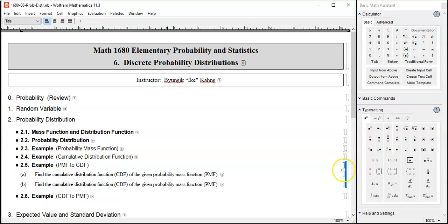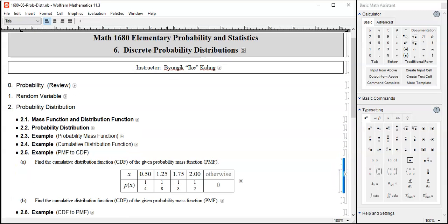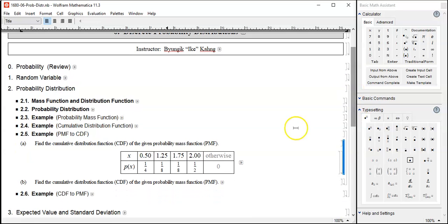Here's an example problem. Let's suppose we have a probability mass function given like this, and the possible x values that the random variable can take are 0.5, 1.25, 1.75, and 2.0.